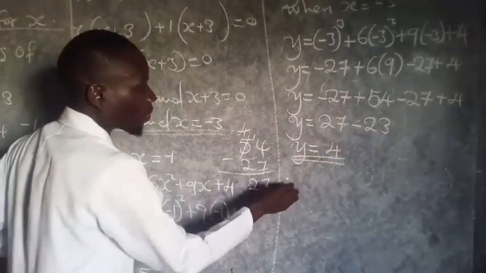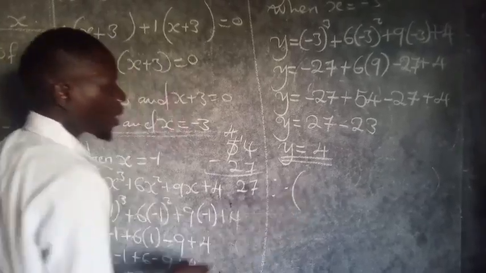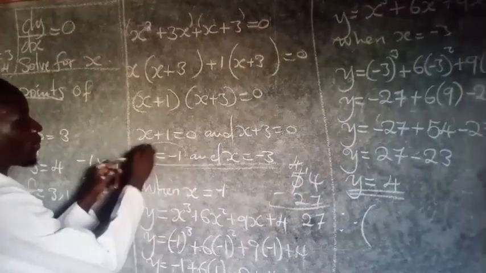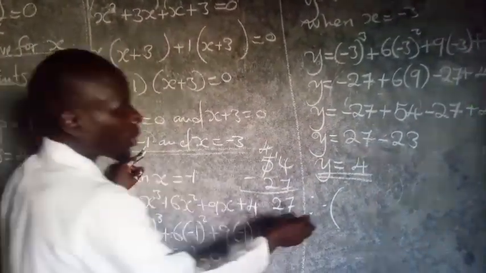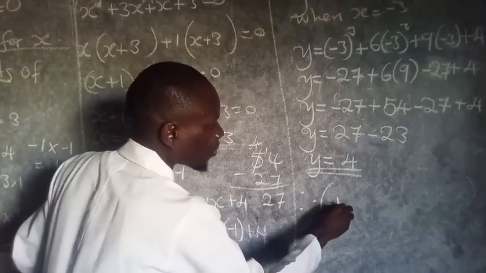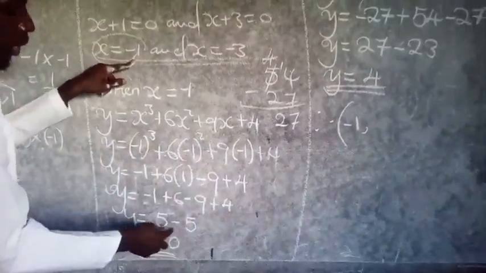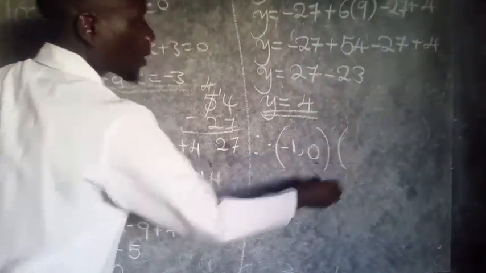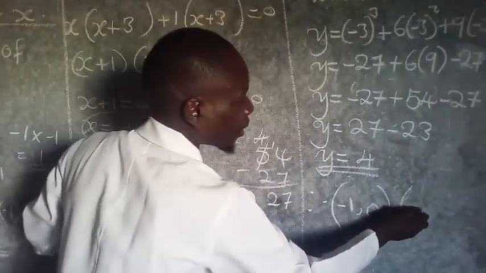So you say therefore the stationary points, we are going to have the first coordinate that we calculated here, the first variable, which is x, negative 1. So negative 1 will be with 0. So negative 1 comma 0 in brackets, then open another bracket, which is x again.